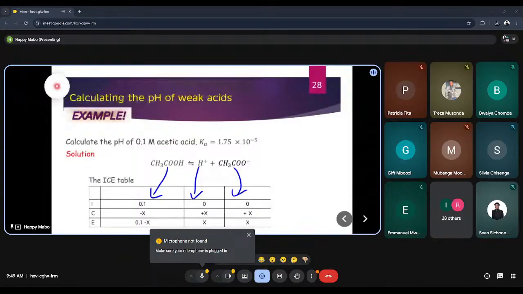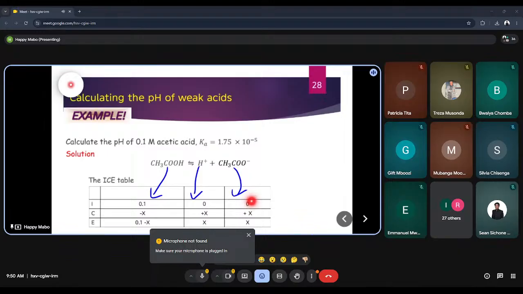Before the dissociation of acetic acid, we did not have any hydrogen ions in solution, and neither did we have any acetate ions in solution. These would come about only after the acetic acid itself has undergone dissociation. That is why the initial concentrations are zero and zero.